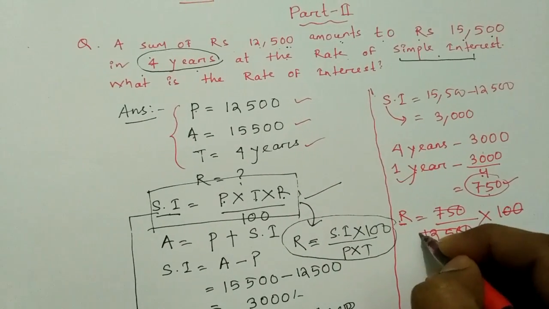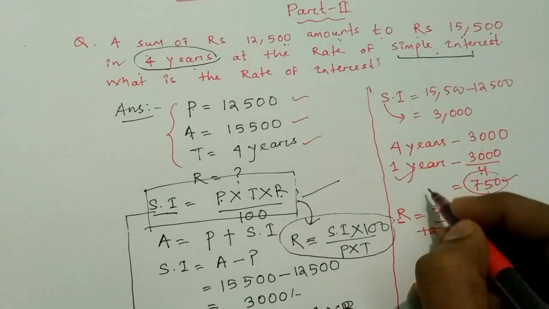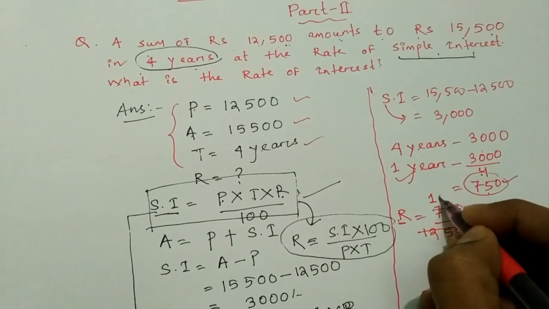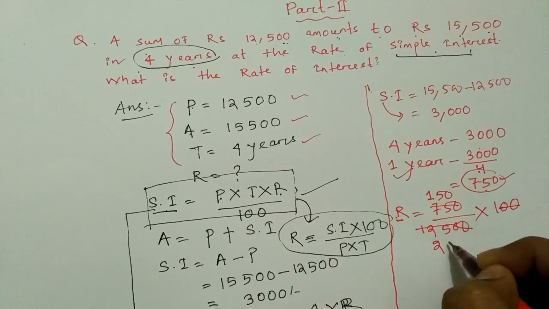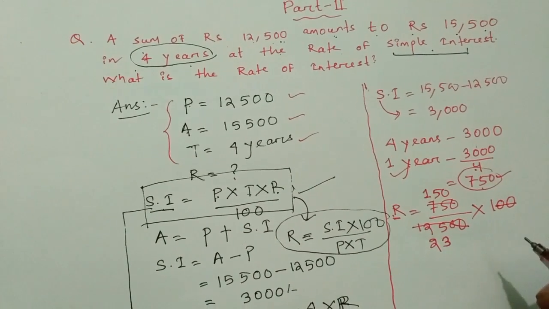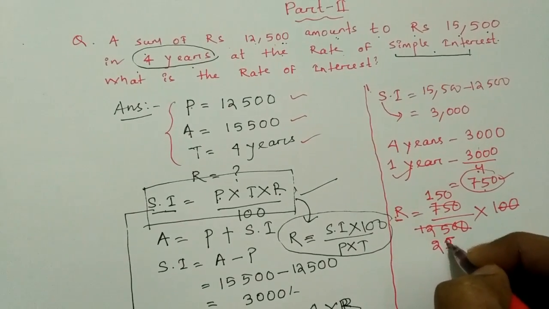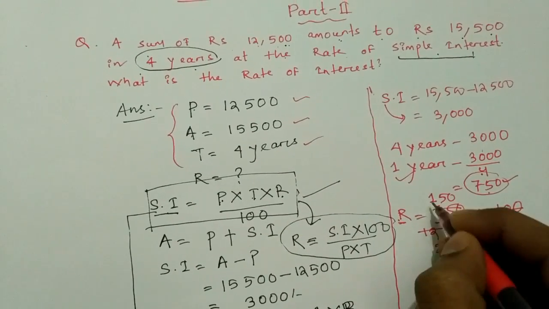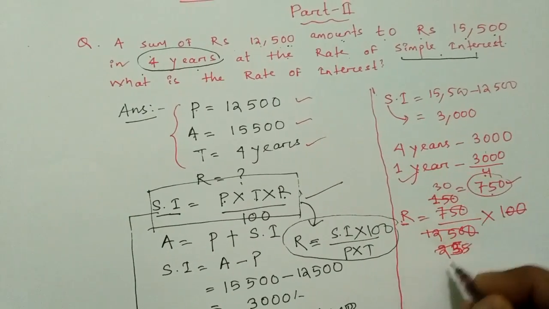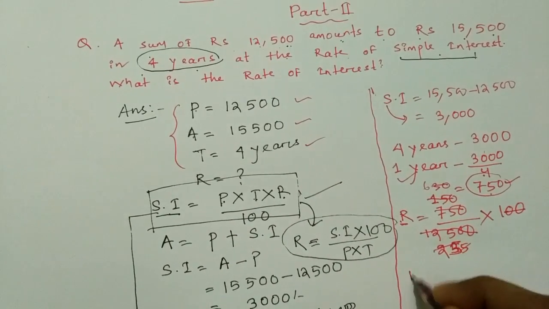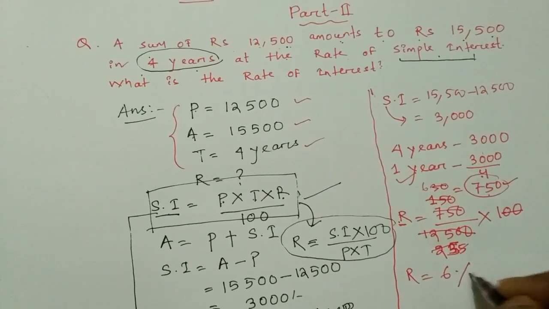Then 5 ones are 5, 5 twos are 10, 5 threes are 15, 5 fives are 25, again 3 is 30, so 5 sixes. So the rate of interest will be 6%.